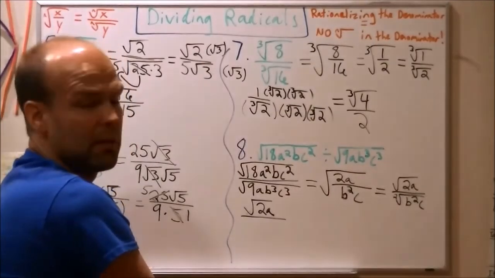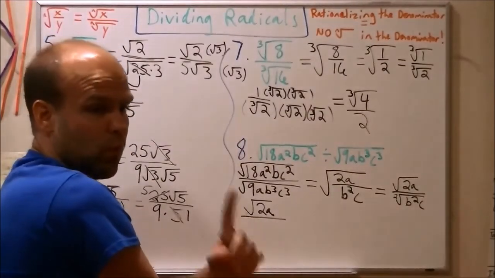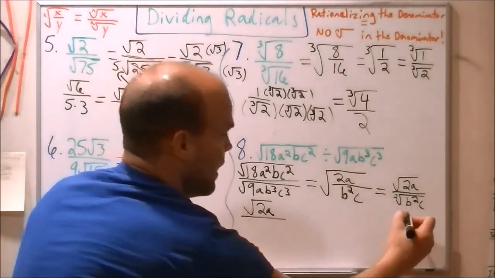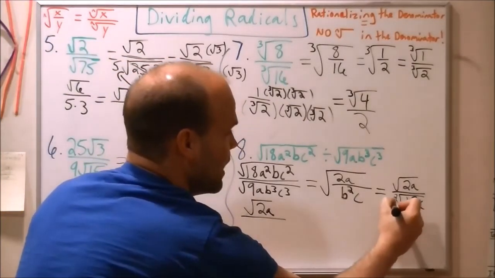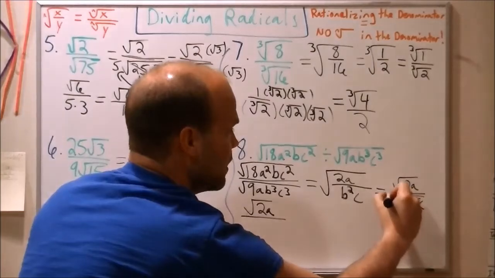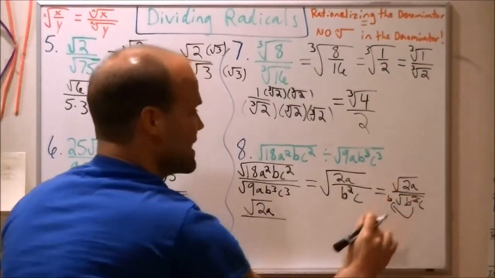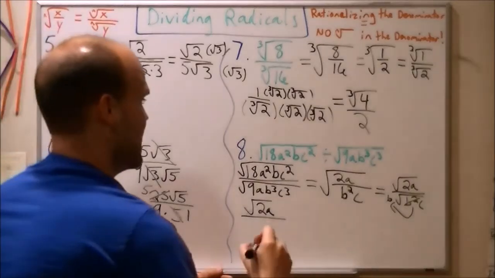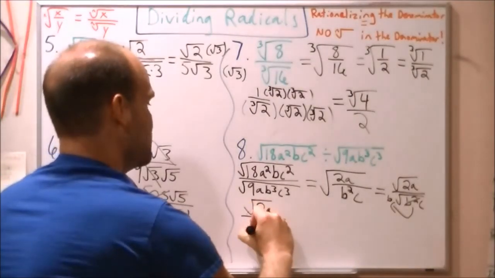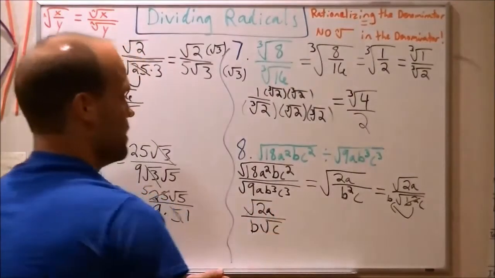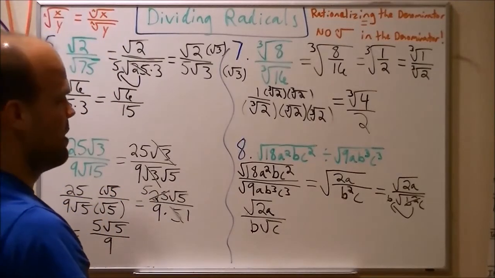And what's 2 divided by 2? That's 1, or b to the first power. And because of that, I can pull a single b to the outside. And so what I have is b square root of c on the bottom.